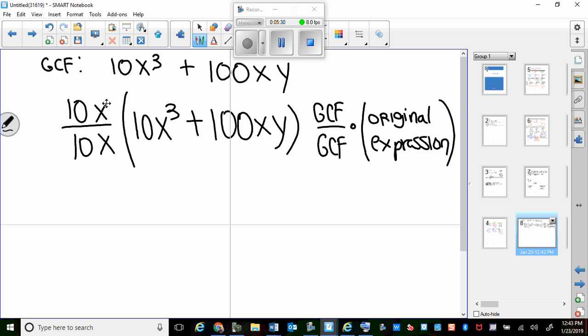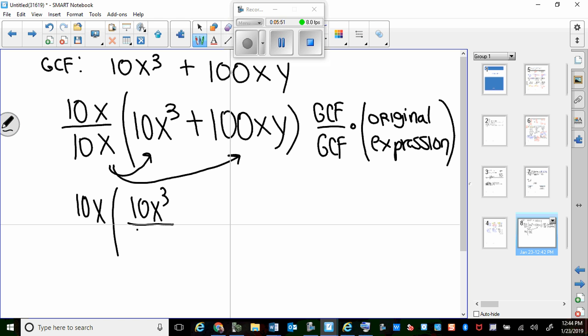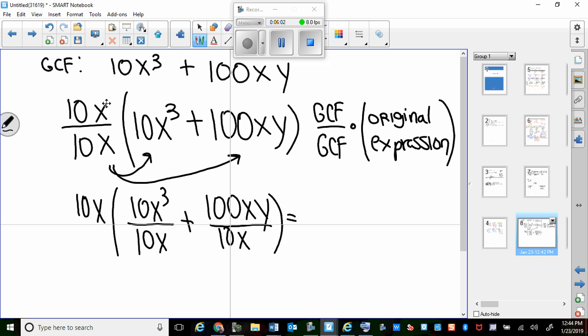And then you go back and divide the greatest common factor from the individual terms. So I have 10x, and this goes inside and divides out from the individual terms. 10x times the quantity of 10x cubed divided by 10x plus 100xy divided by 10x.